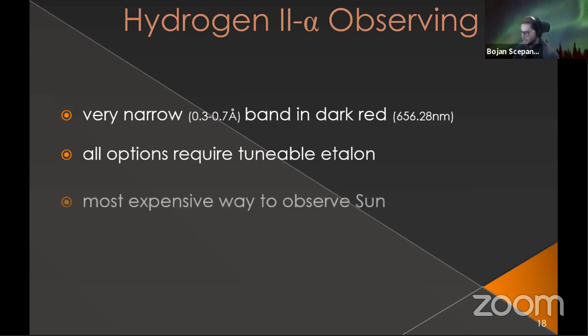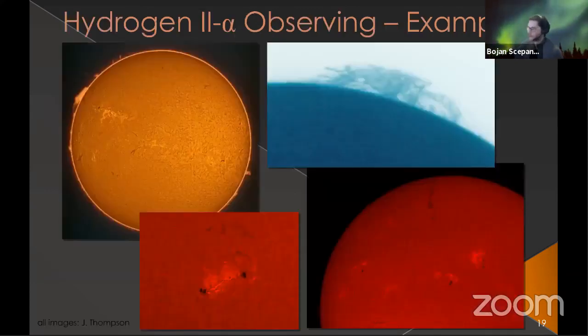This is the most expensive way to observe the sun, and also the most awesome and exciting way to look at the sun. So these are also all taken by Jim. The views that you would get through an eyepiece would be these three pictures right here in red and orange.